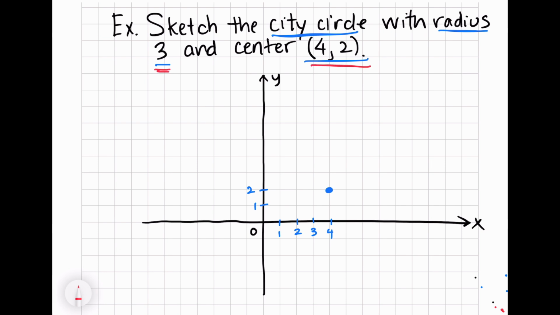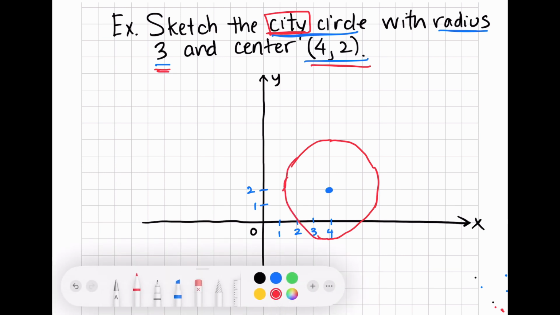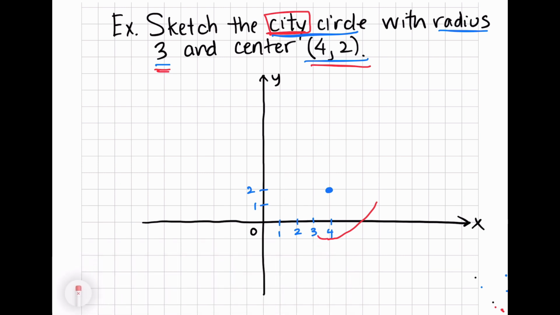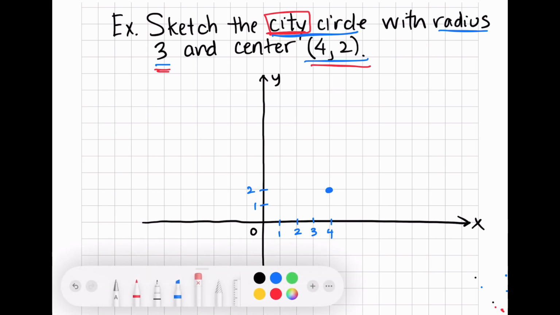In this case, we're going to use city geometry, so we're going to use city distance. If this had been Euclidean geometry, I would have drawn a regular-looking circle. However, it's not Euclidean geometry, so we're not going to have a regular-looking circle.